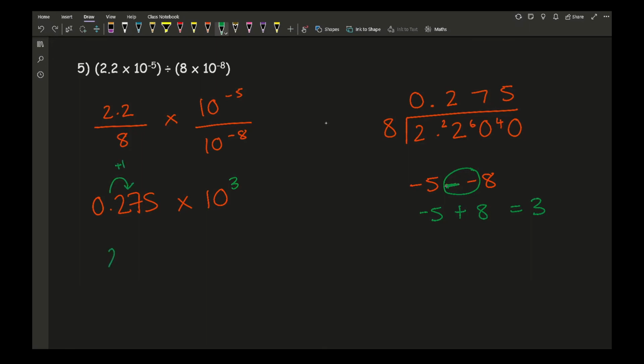So it becomes 2.75 times 10, then I add 1 to the power to make it 4. And there is my final answer. And again, we've got to make sure that 0.275 is not in correct standard form, because it is not a number between 1 and 10. So that there would be my final answer.